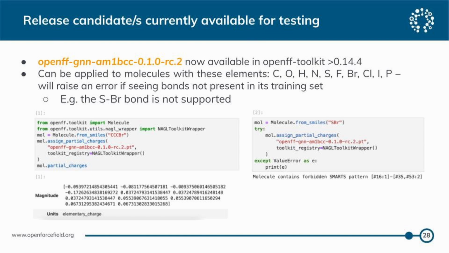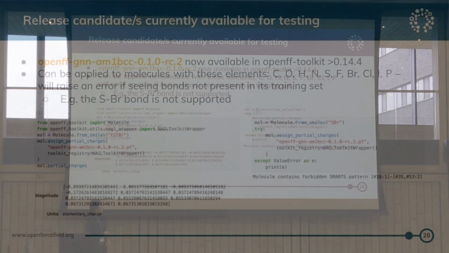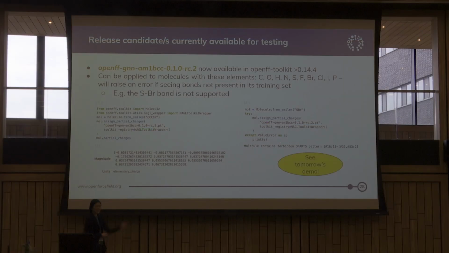So if you try to assign charges to a molecule with a bond type that is outside the training set, it would just refuse to assign charges and it will raise an error. If you really want to get around this, you can by using the model directly, but obviously we can't really say much about the quality of charges you get out. And I believe in tomorrow's demo, Jeff will give an example of this.